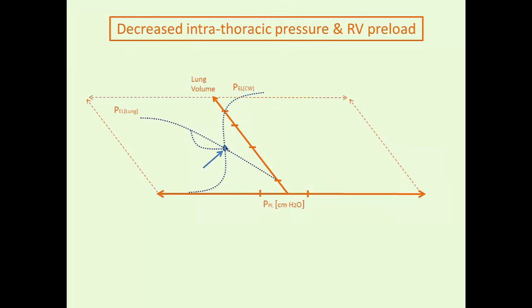And this is functional residual capacity, so your intrathoracic pressure, your pleural pressure, is on the x-axis here, just to orient you. Again, this portion here marks 0, or atmospheric pressure, so all this pressure to the right is above atmosphere, and all this pressure to the left is below atmosphere. And again, pressure you can sort of think of as like temperature.